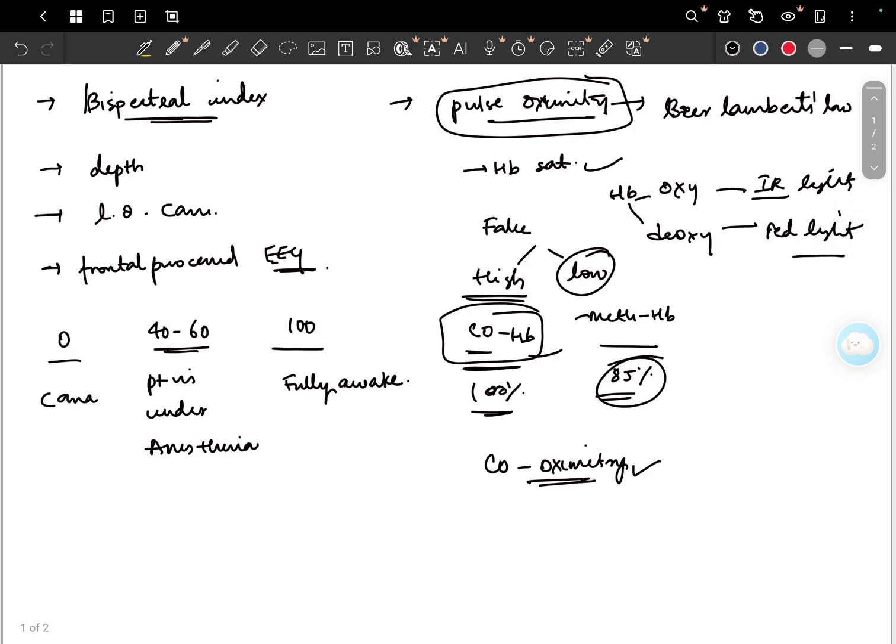So this is how you will be seeing monitoring in anesthesia by different devices. Now we'll be talking about oxygen delivery devices and what are their max flow rate and max saturation capacities.